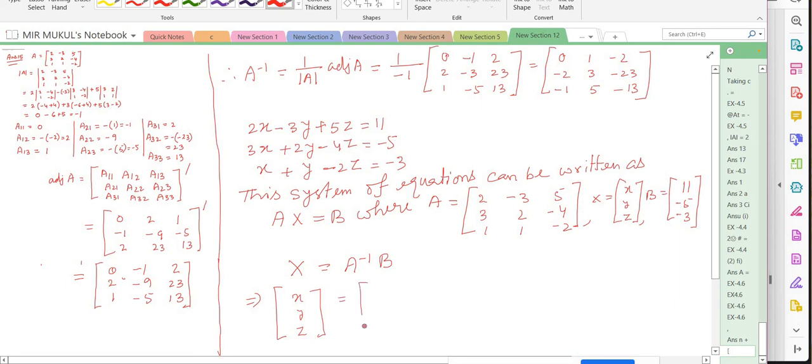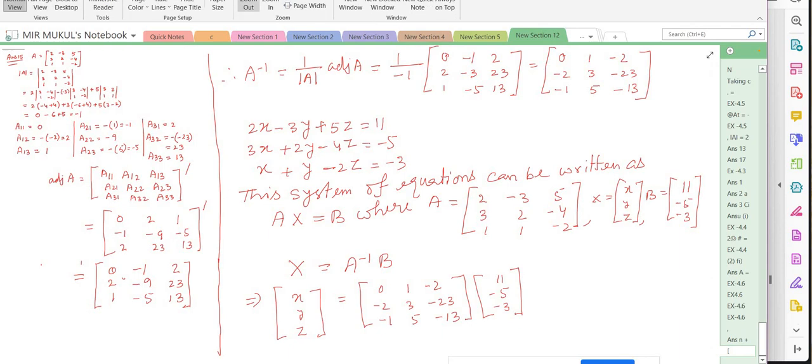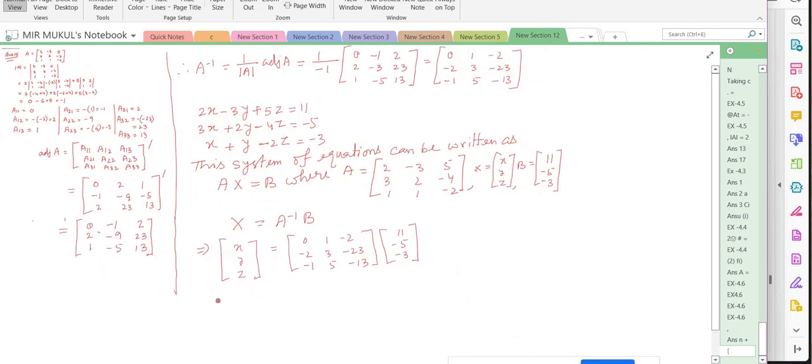Now A inverse we are getting 0 1 minus 2, minus 2 3 minus 23, minus 1 5 minus 13, into 11 minus 5 minus 3. Yes, sir. Now just multiply and compare both sides.